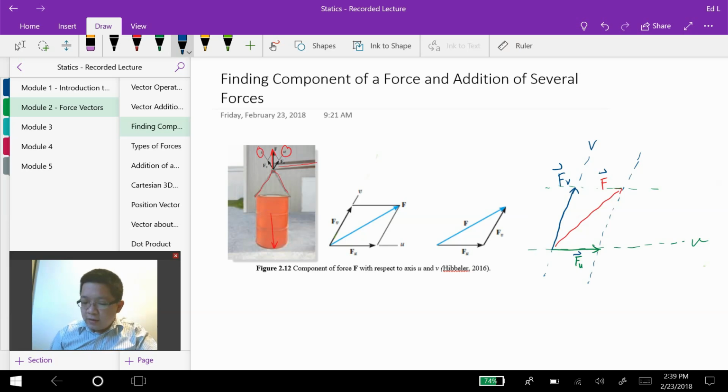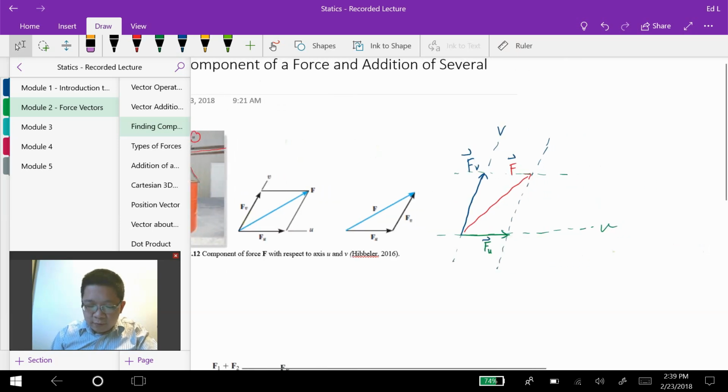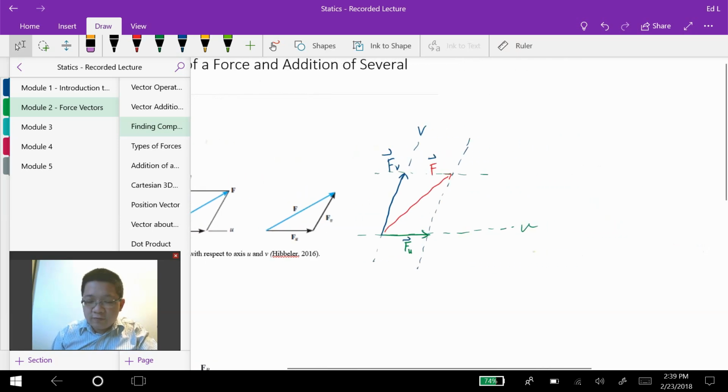In a similar manner, we can use the triangle rule to find the components of this force.